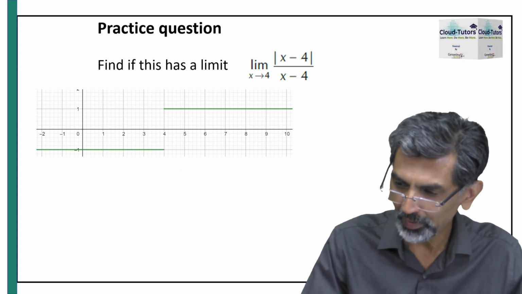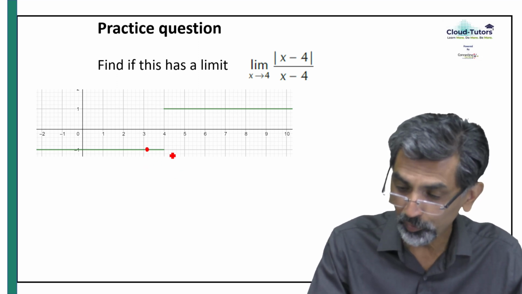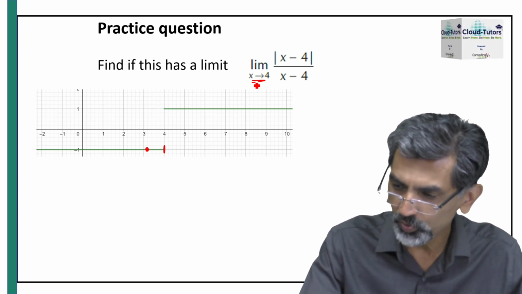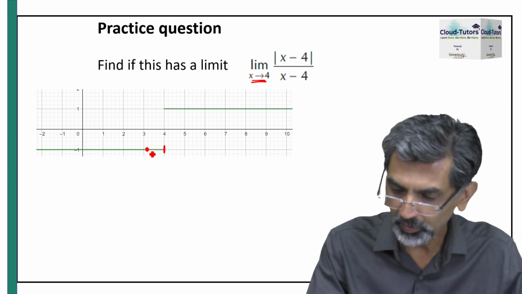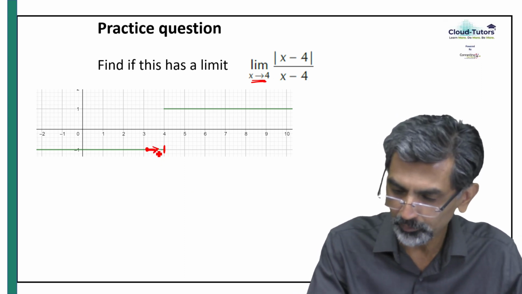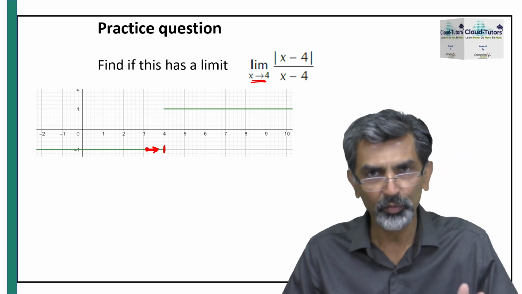As you approach x is equal to 4, remember we are approaching x is equal to 4, let's approach it first from the left hand side. So x is lesser.